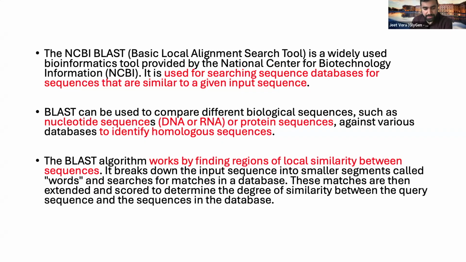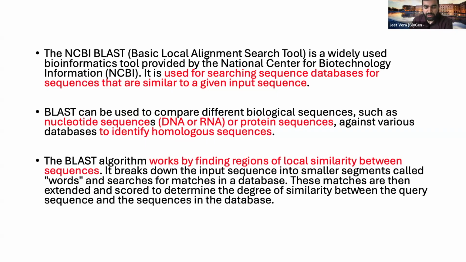So how does the BLAST algorithm work? It works by finding regions of local similarity between sequences. BLAST breaks down the input sequence into multiple smaller chunks, which are called words, or shorter fragments or peptides, and then it looks for a corresponding similar word or sequence in the databases.